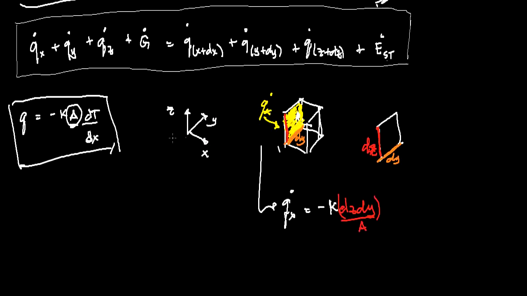And then this is the length, so we have dT over dx, because we are talking about this thickness here, along X.